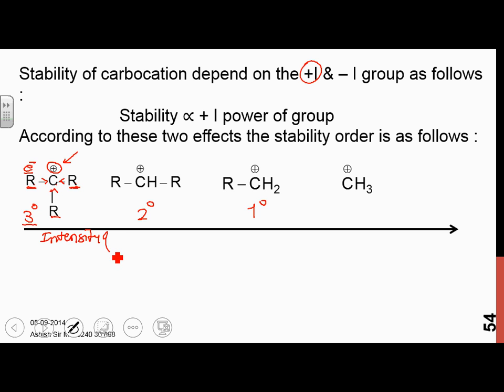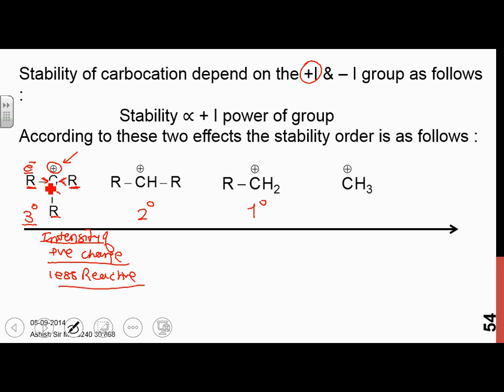If intensity is less, it will be less reactive. If positive charge intensity is more, it will react with some other species faster. The reason the intensity was decreasing is that 3 alkyl groups were donating electrons.